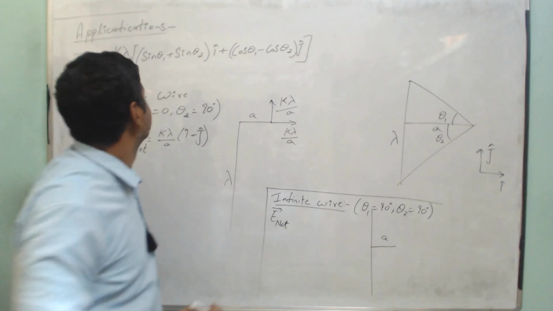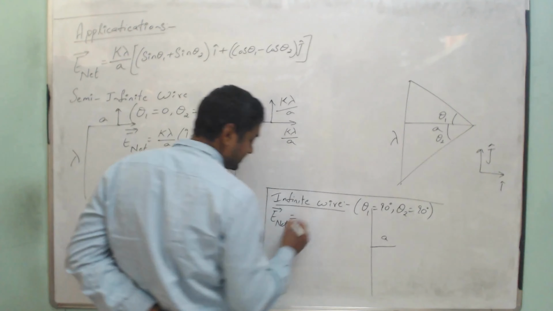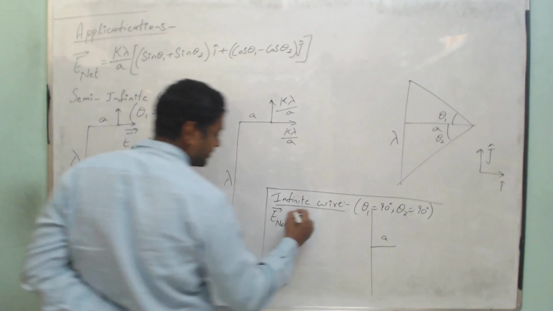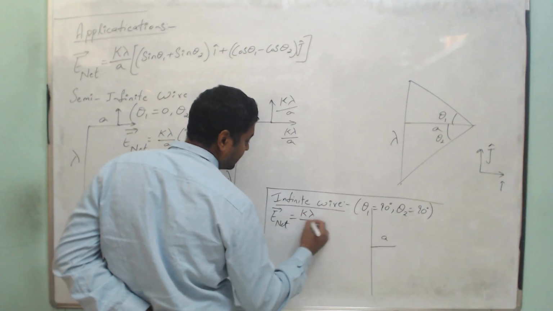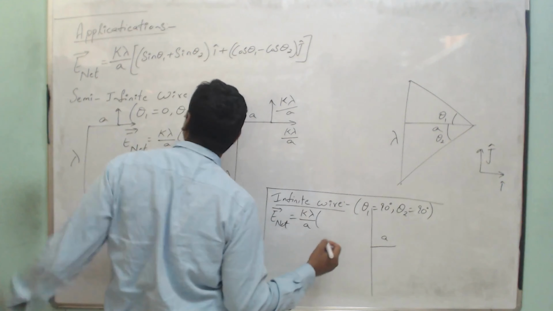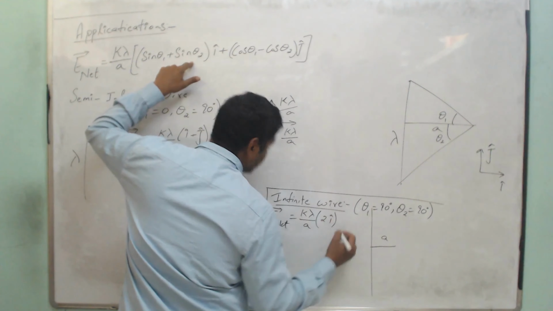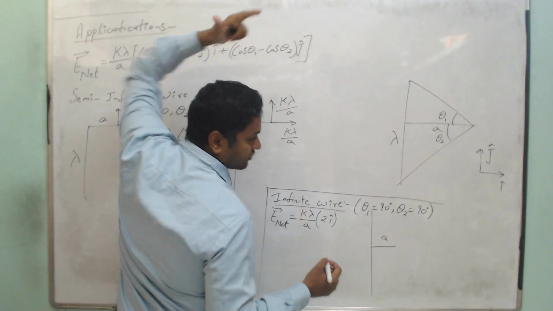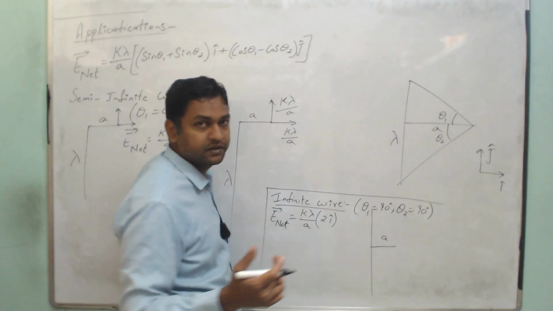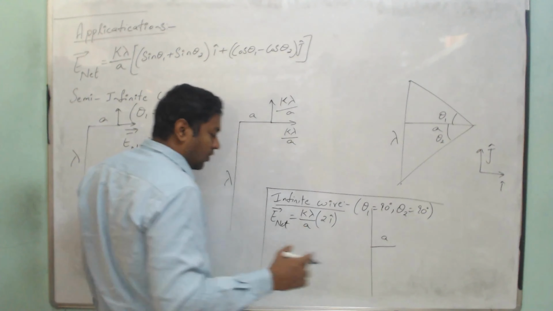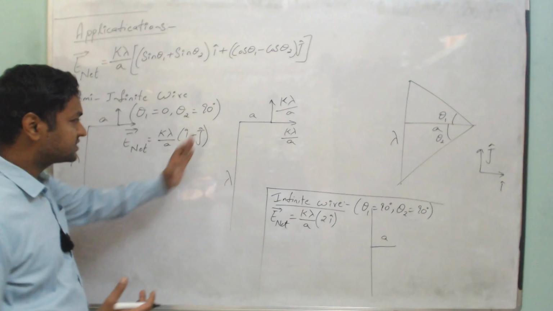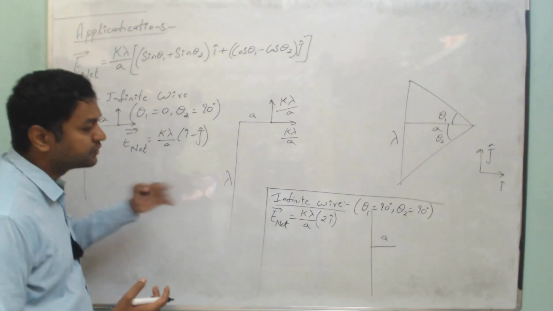So let us come back. This is K lambda by A, and I will have sin 90 plus sin 90 along I cap, so basically 2 I cap, and cos 90 and cos 90 are 0, right? Or we can also look at it as this figure implemented twice.